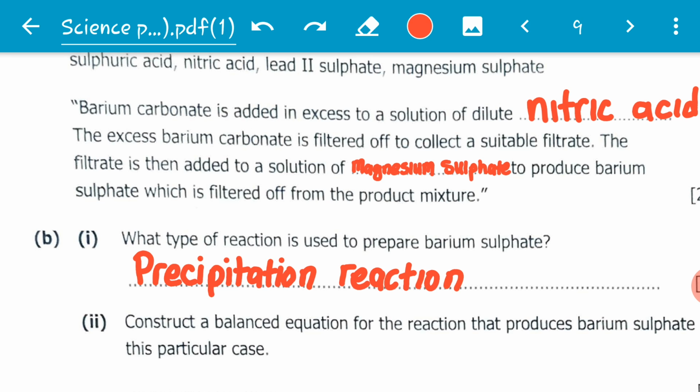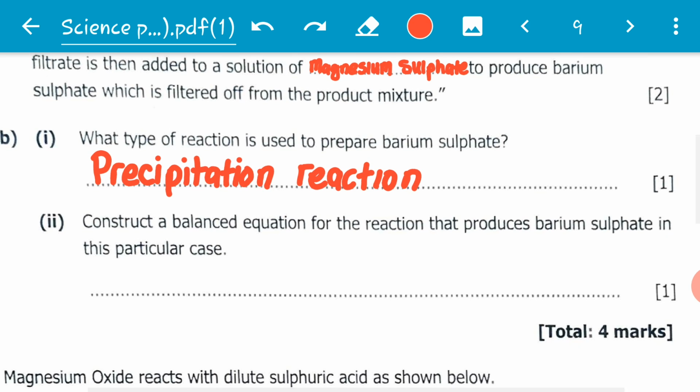We go to B2. B2 is saying construct a balanced equation for the reaction that produces barium sulfate in this particular case. Here we have barium nitrate reacting with magnesium sulfate.